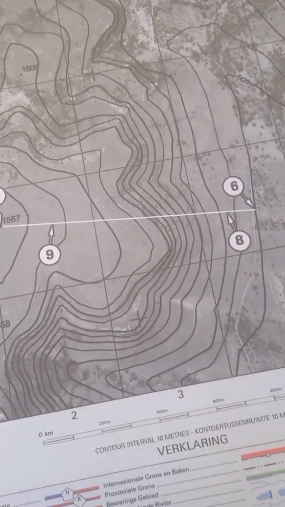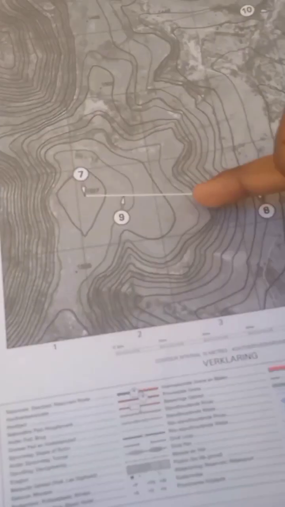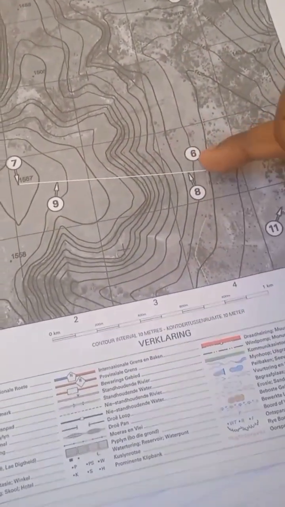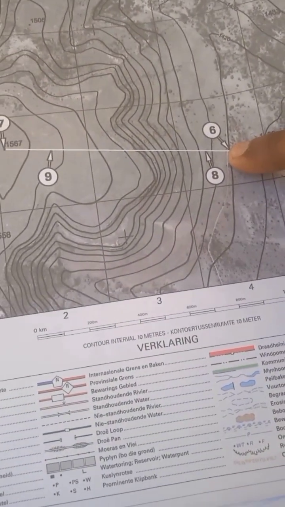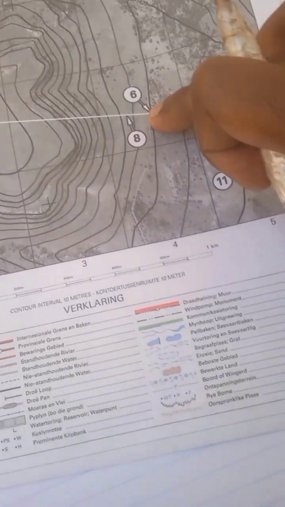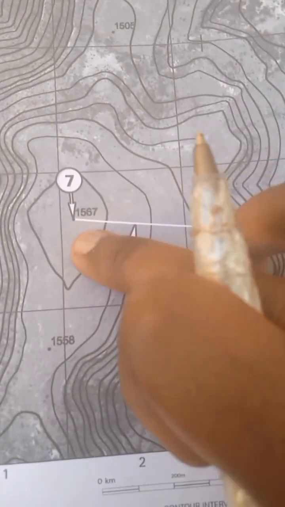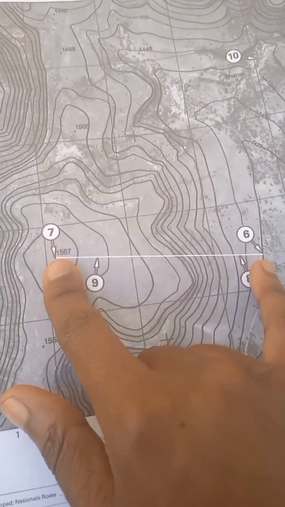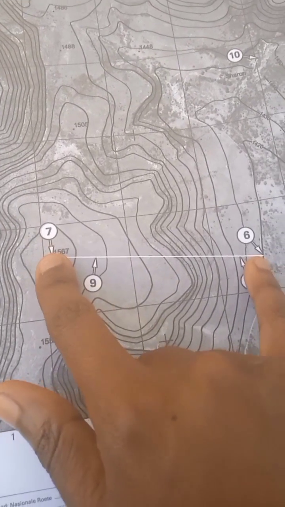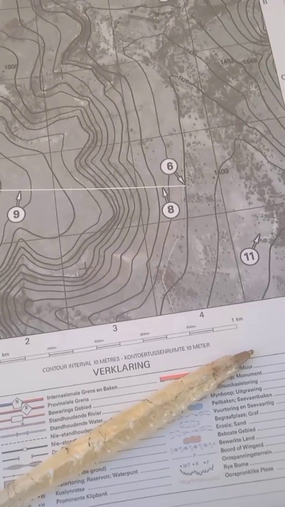So we're calculating the average gradient from 6 in block D4 to 7.